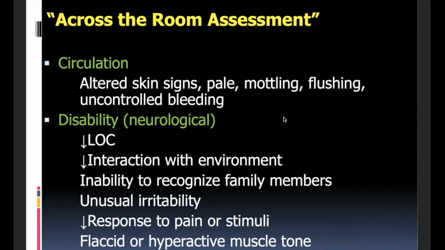What is the cardinal sign that we are checking in terms of circulation? It is actually the blood pressure. So we're going to check if the blood pressure is dropping because of uncontrolled bleeding or whatnot. Now, how are we going to manage this?